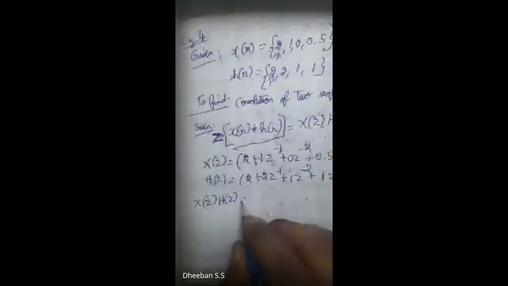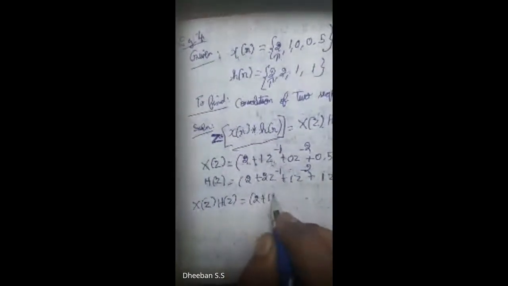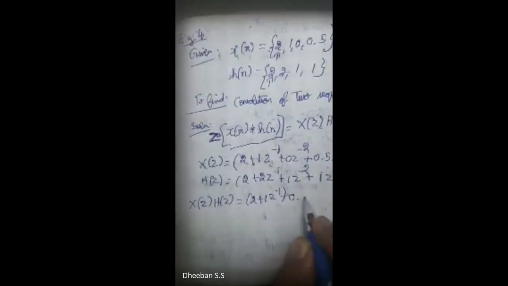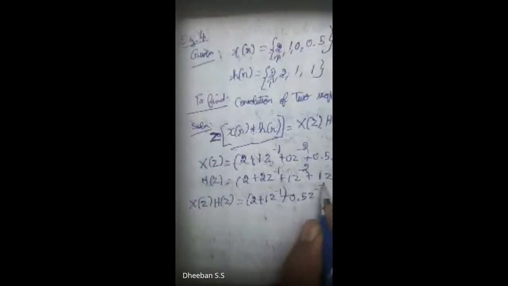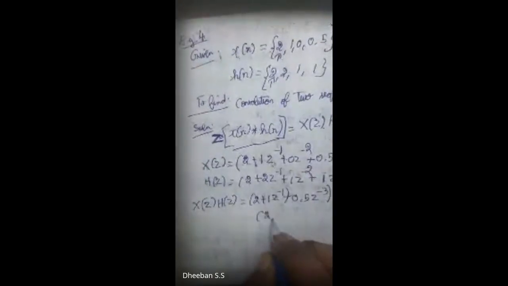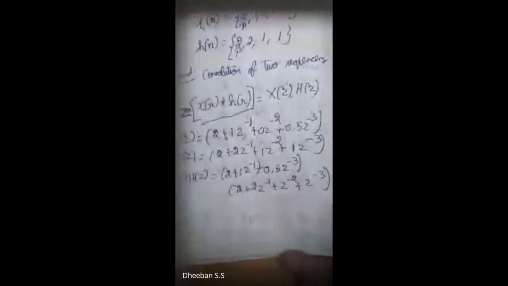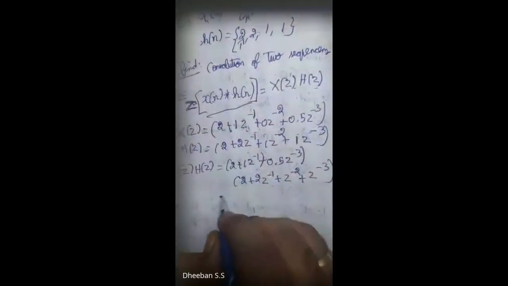We will be getting 2 plus 1 z minus 1 plus 0.5 z minus 3, into 2 plus 2 z minus 1 plus z minus 2 plus z minus 3. You have to multiply with each and every element.